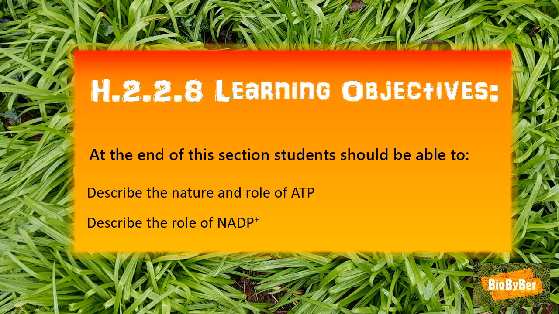Take note that this material is for the higher level biology only. We have to describe the structure and the function, or the role, of this complicated chemical called ATP. We also have to be able to describe the role, or the function, of the complicated chemical called NADP+.